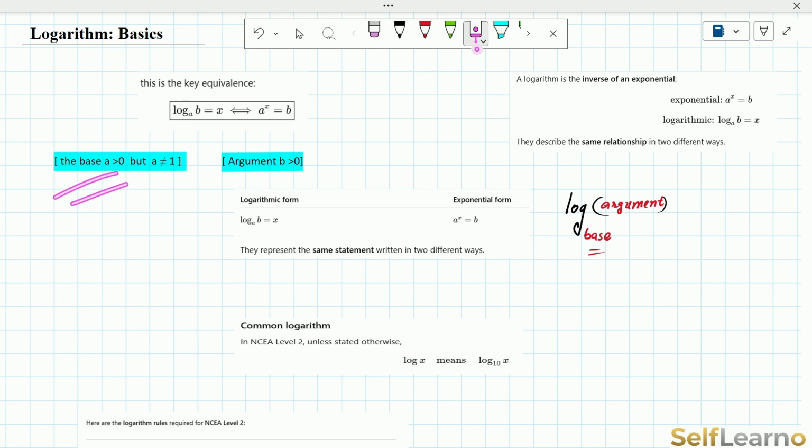Please remember these constraints. They are not given in the formula sheet, and in the merit level questions they are very useful. Please remember the base is positive, argument is also positive, but the value of argument can be 1, but the value of base cannot be 1.